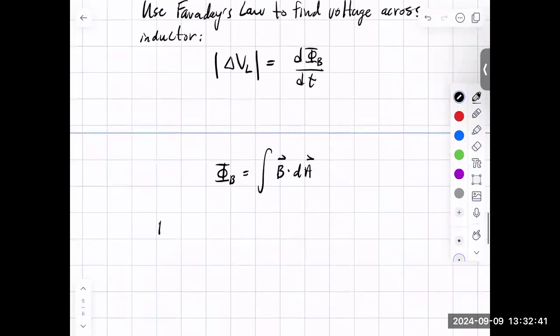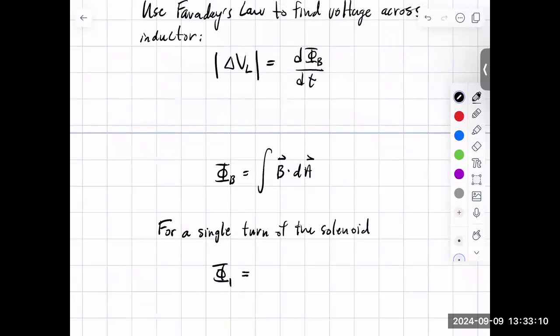So for a single turn of the solenoid, I'm going to call that phi1. Phi is our symbol for flux, and 1 is just to remind me that right now I'm thinking of only a single loop in our solenoid.